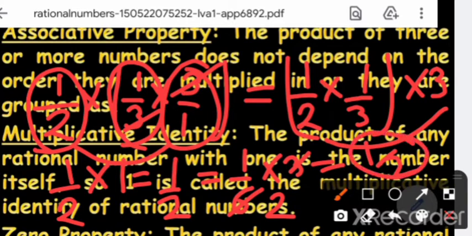It means LHS is equal to RHS. So we can say that the associative property is not affected by grouping. The numbers arranged in any group give the same result on both sides.